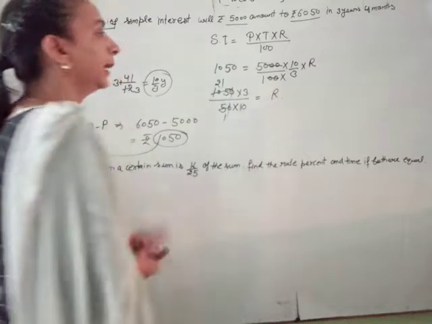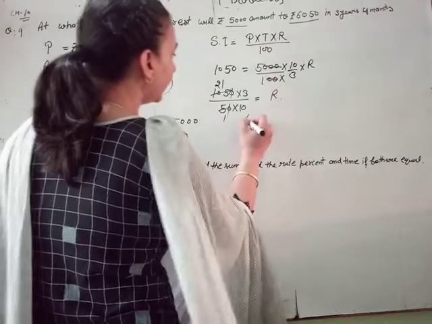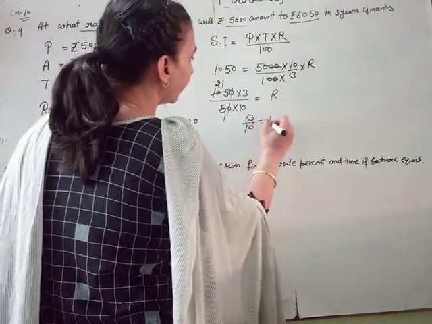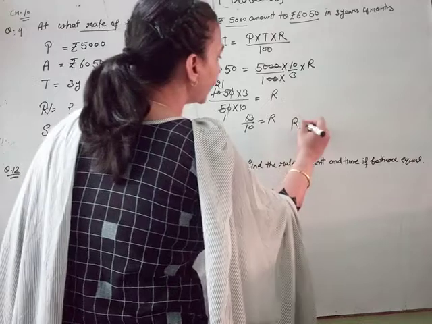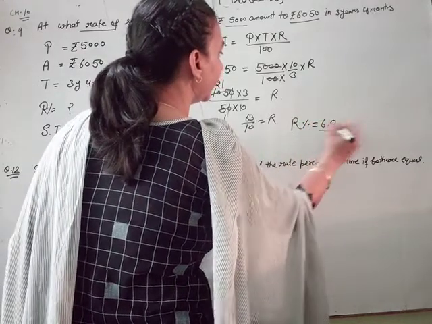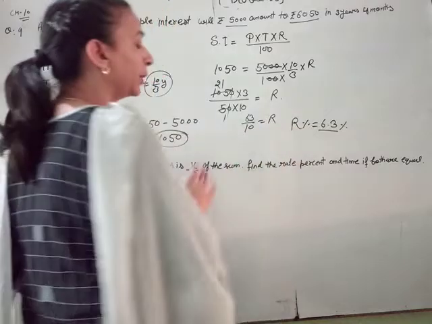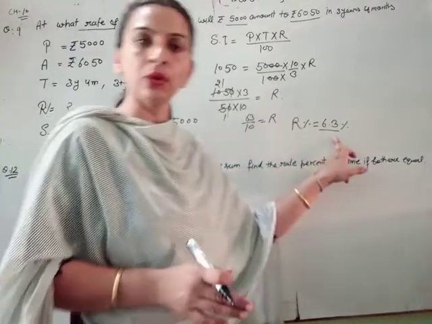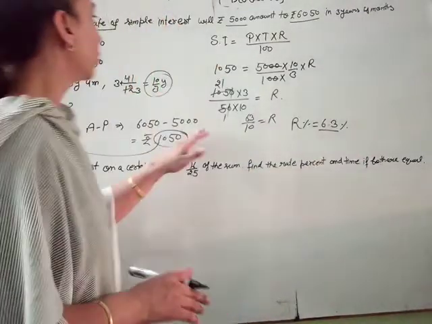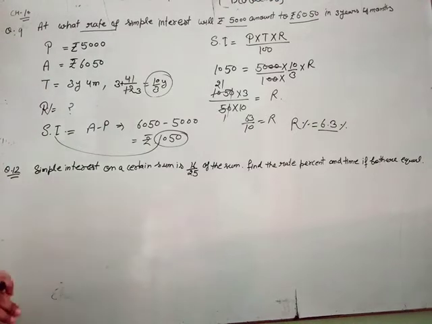Next, 21 multiplied by 3 is 63 by 10, which equals R, so R percent equals 6.3%. In decimal, R equals 6.3, so the rate of interest is 6.3%.